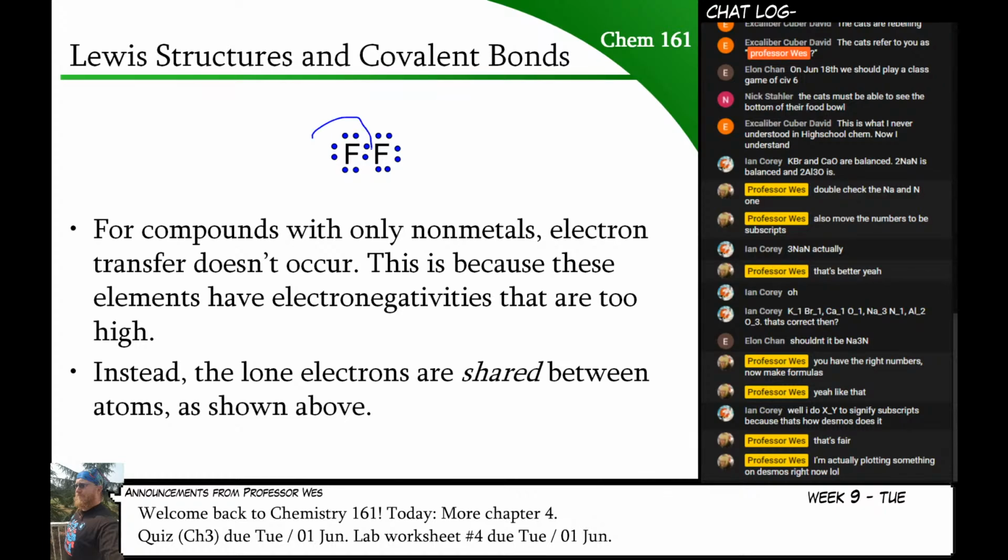Because you can see right here, there are 8 electrons, but if I go on this side, there are 8 electrons there too. 8 electrons, again, is the magic number for a full s and p subshell. Now, how do I get to put the electron in both atoms at the same time?